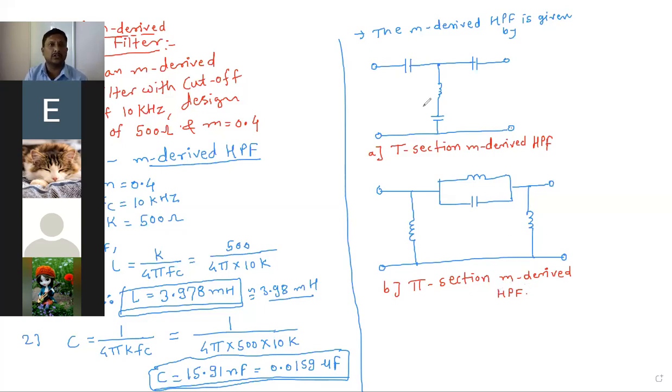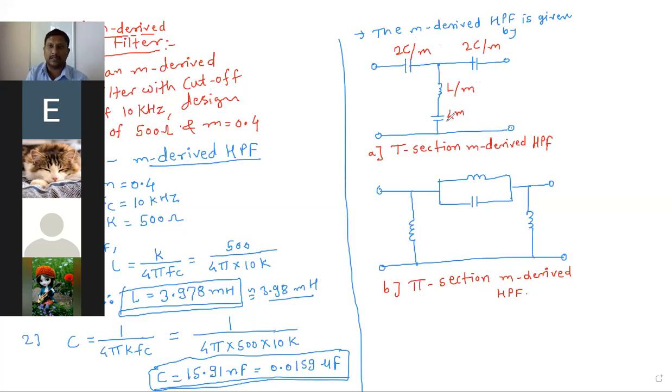Now you can mention the values here. We know that 2C by M, here L by M, and in case of low pass filter it is 1 minus M square divided by 4M. Now it will be reversed.